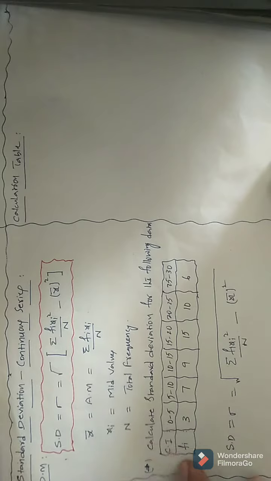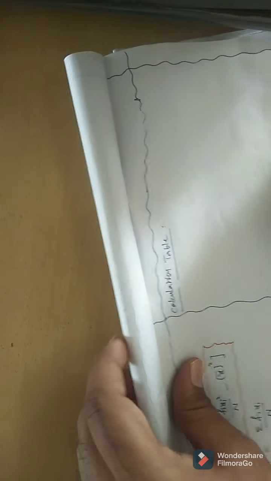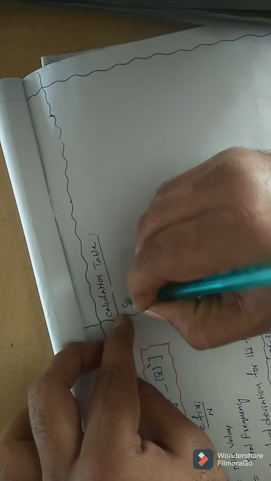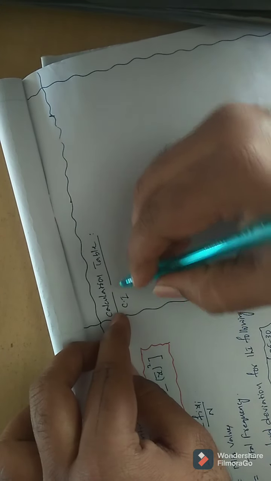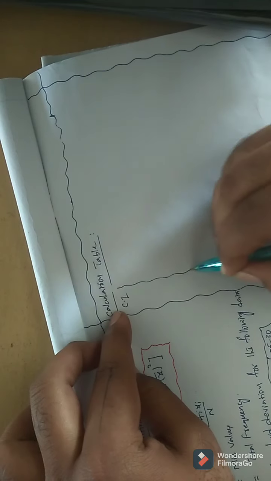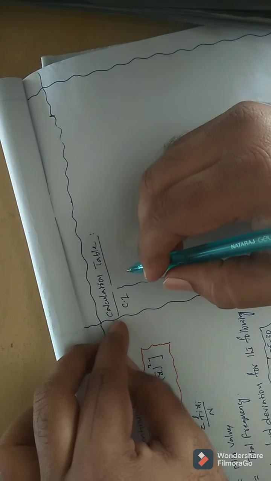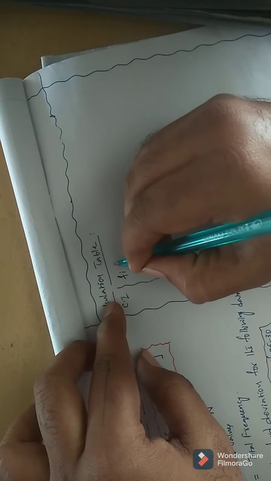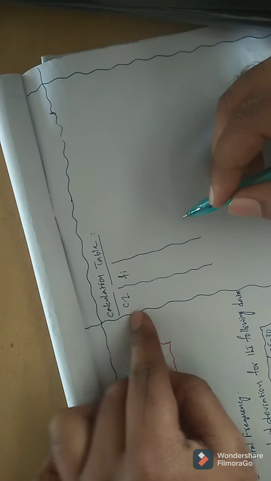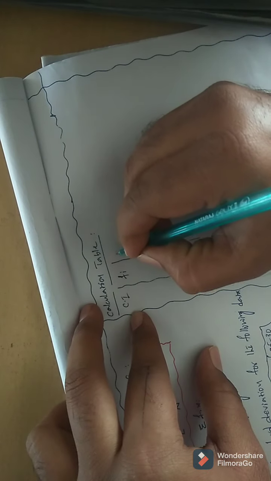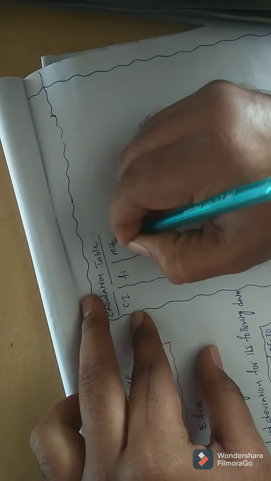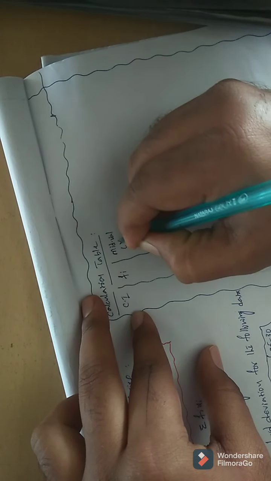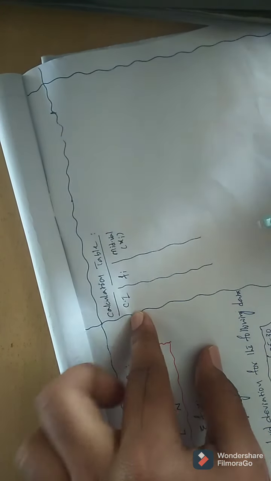We write this information as it is. So first CI, CI stands for class intervals. Next fi, frequencies. Now for the class intervals, what is required? Mid values are required. So how to denote that? Standard notation xi. Okay.